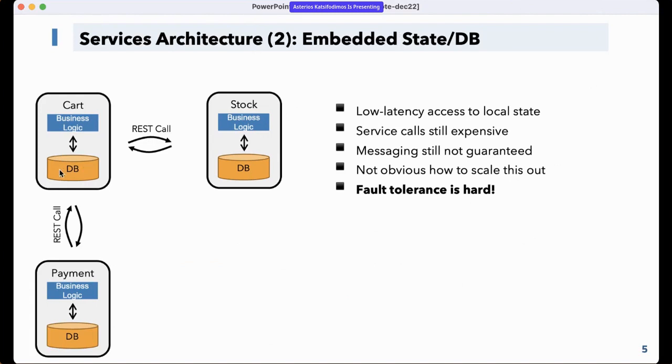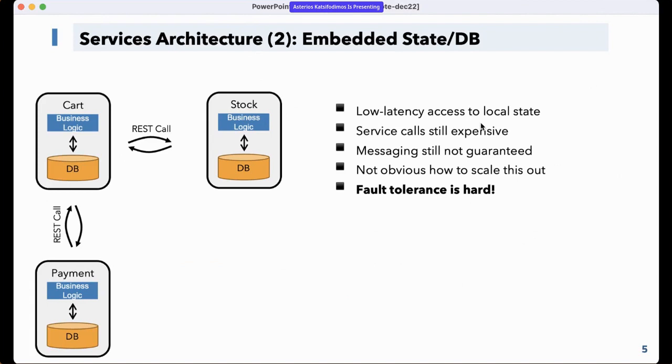So if I want to have two different instances of the shopping cart service or the stock service, I will have to shard the database. So half, let's say, of the users of the platform will have to go to one service and the other one to another. Again, this has to take place by hand, essentially.